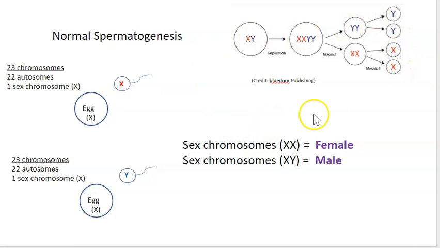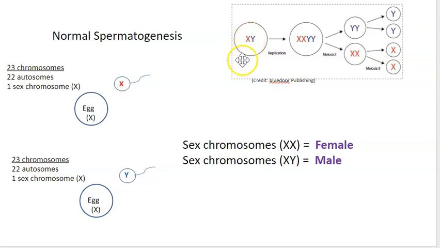Notice in my little picture here, I'm not showing you the autosomes. I'm only showing you the sex chromosomes. Please know that we're assuming the autosomes are all here and that they're dividing the way that they should. Non-disjunction is not affecting the autosomes at all.